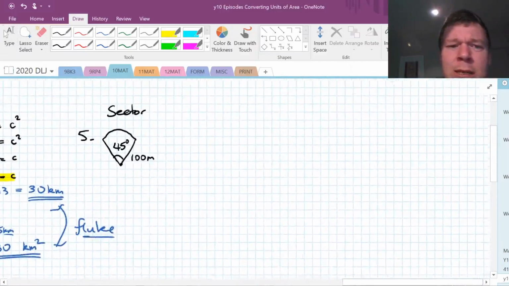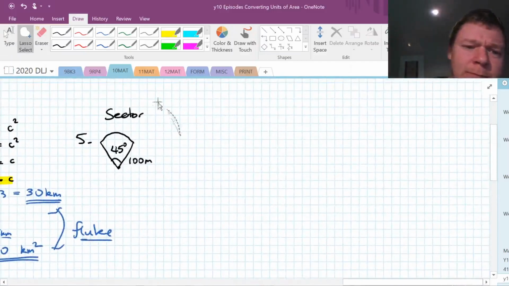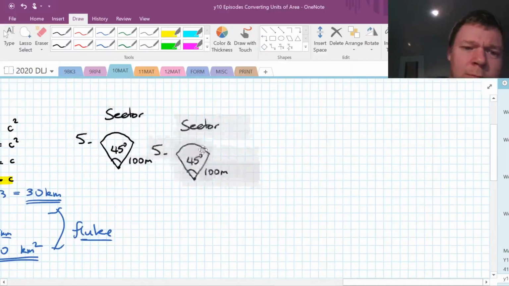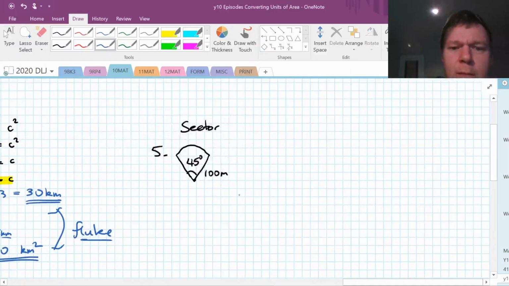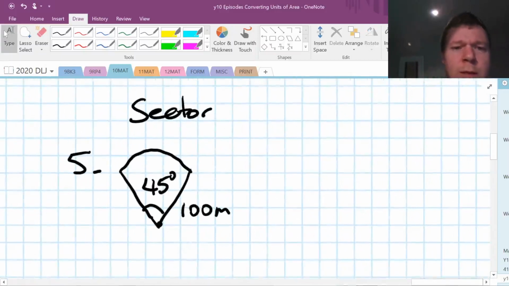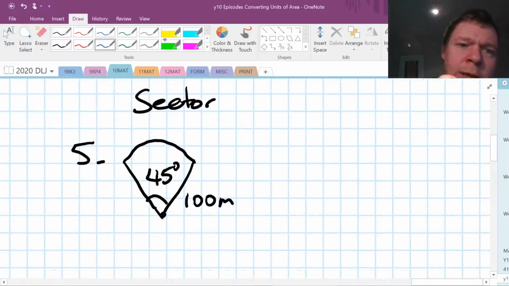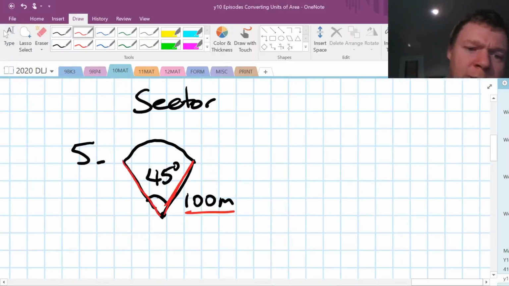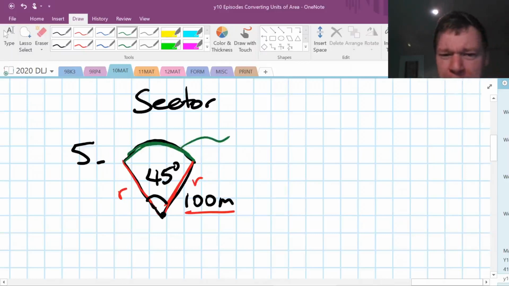Okay, last question on the sector. So with the sector, the perimeter, we have got a radius on this side, so that's a radius, and then we've got a radius on the other side, so this is also 2 radiuses, and then we've got this arc, which we can get from the circle formula.